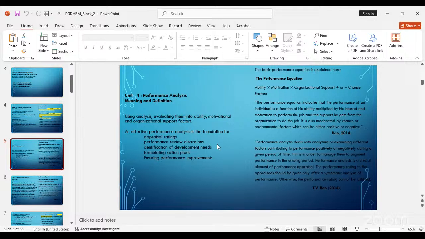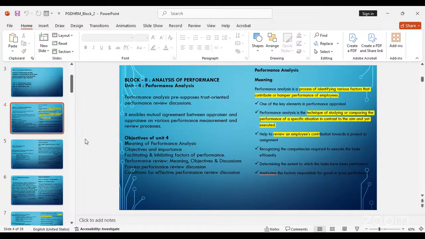So, an effective performance analysis is the foundation for appraisal rating, performance review discussions, identification of development needs, formulating action plans, and ensuring performance improvements.